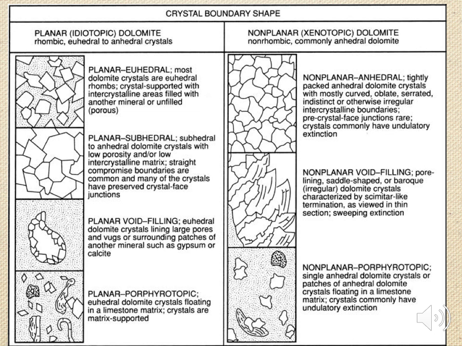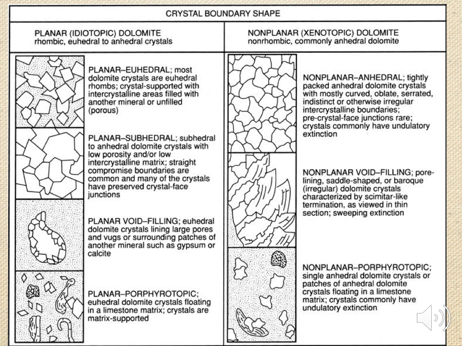Now on the right we have the non-planar dolomite, and we have tightly packed anhedral grains or crystals. Most of them are curved, lobate, or serrated, indistinct, and they tend to have undulatory extinction. Then we have the non-planar void filling or baroque type dolomite, and you can see they have this pointy termination.